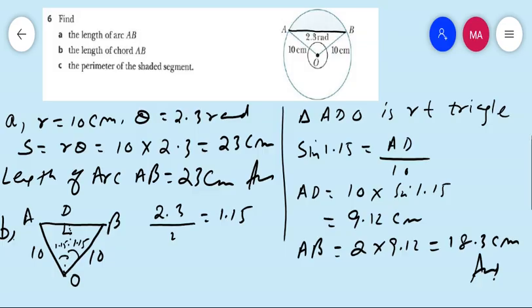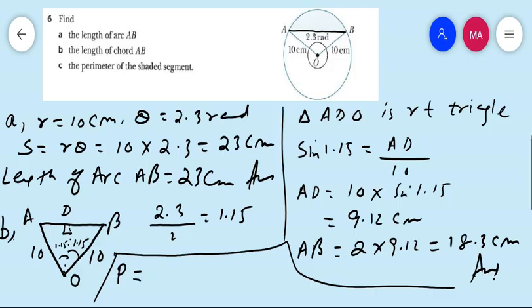Now, the perimeter of shaded region. Perimeter of shaded region means add all the lines, add the length of all the lines which are touching the shaded part.